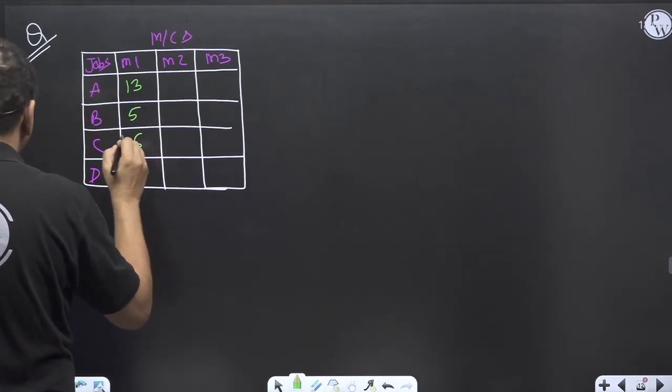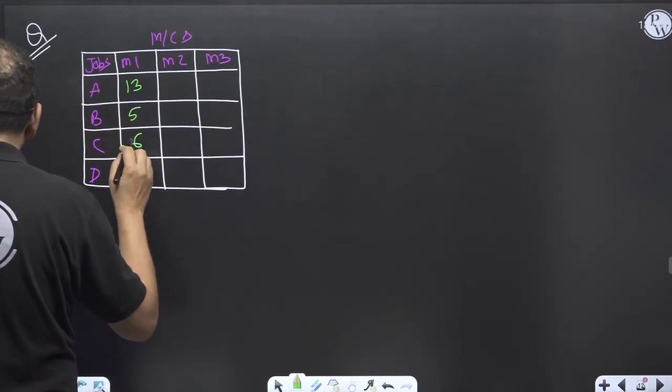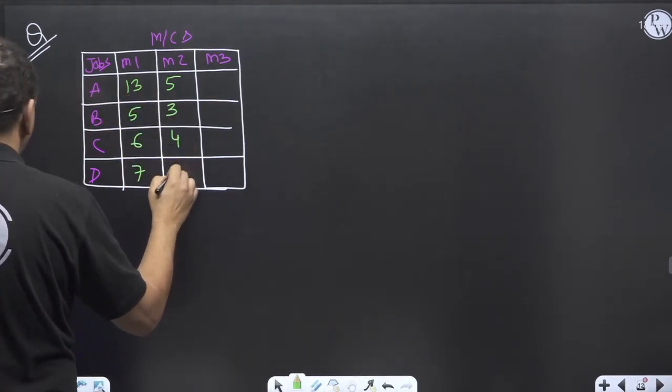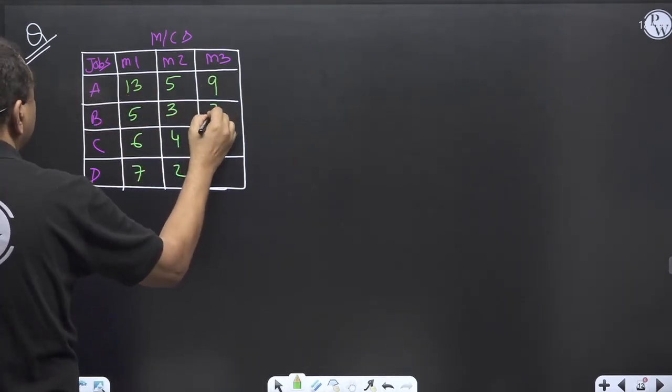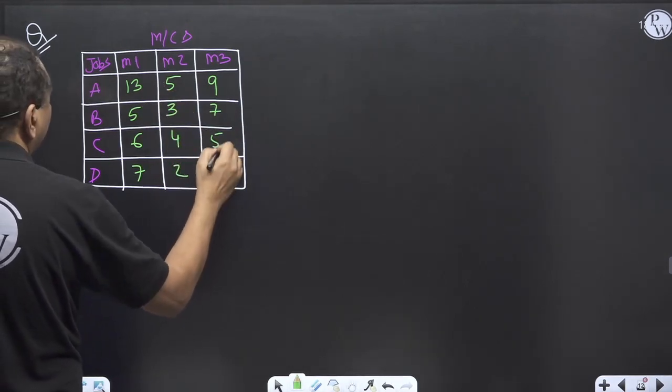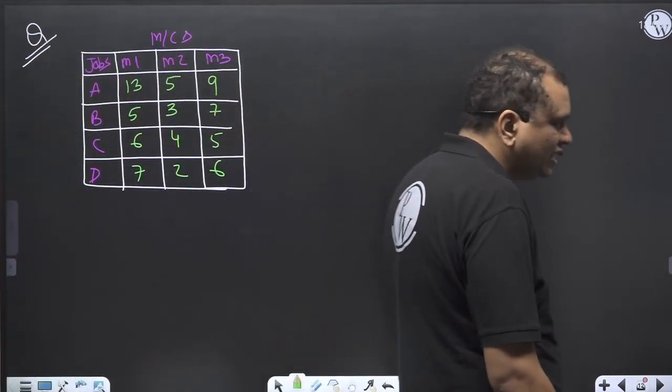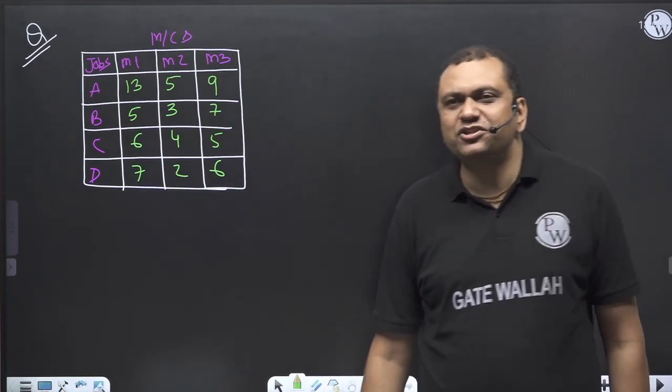The times are 13, 5, 6, 7, 5, 3, 4, 2, 9, 7, 5, 6. Three machines, 4 jobs problem.